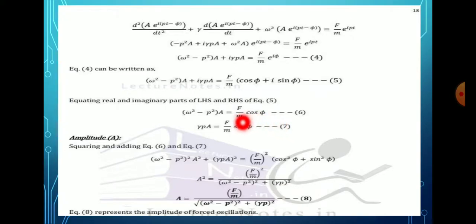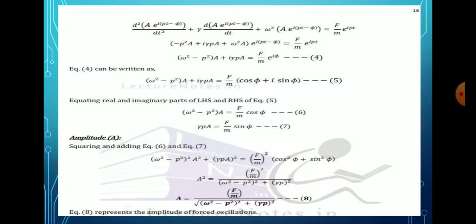And in that we have to take the amplitude. Squaring equations 6 and 7, we have to find out the amplitude, that is a. Squaring these two equations, omega square minus p square whole square into a square plus r p a whole square is equal to f by m whole square into cos square phi plus sin square phi.